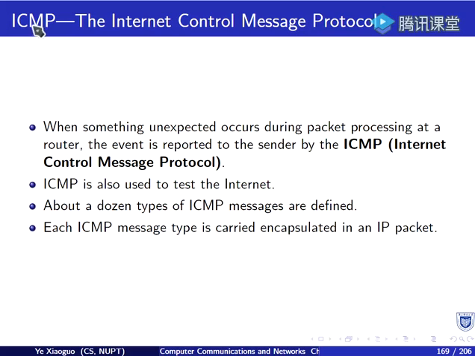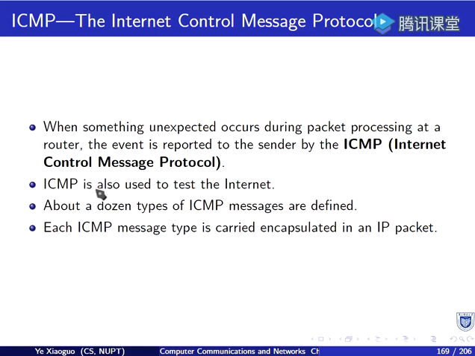Now here we begin to talk about ICMP. ICMP means the Internet Control Message Protocol. When something unexpected occurs during packet processing at a router, the event is reported to the sender by the ICMP protocol.